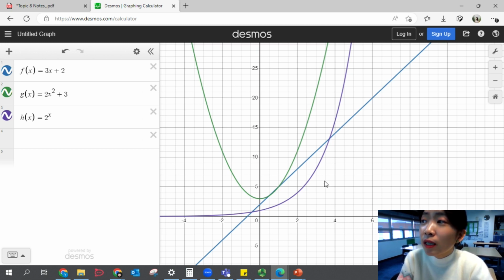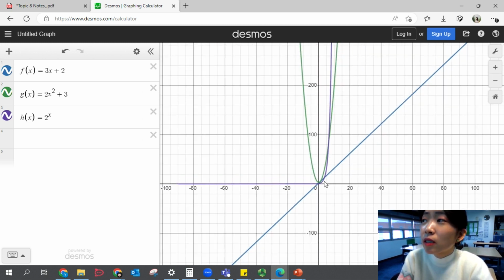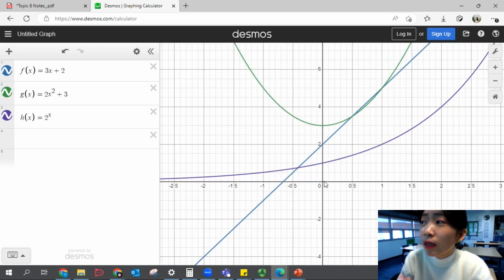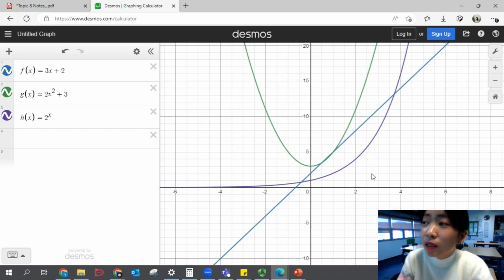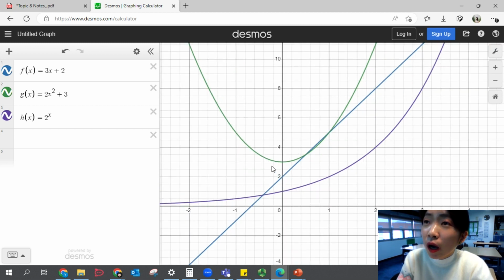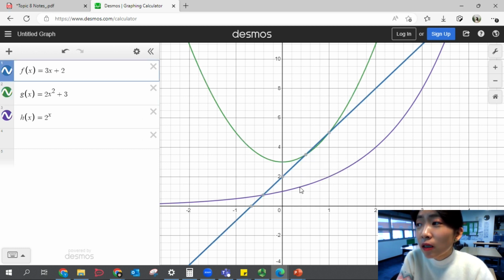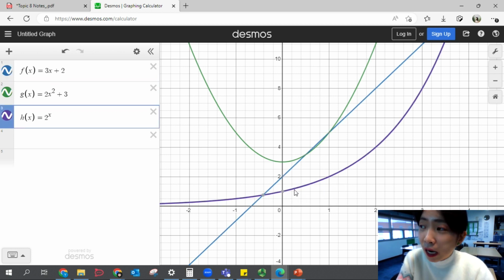So if you zoom out, this is how it really is in the big picture. But if you zoom in, you can see that it starts with g of x being the biggest one in the beginning. And then up until here, you still see that g of x is going to have bigger y values than the points on the other graphs, right?